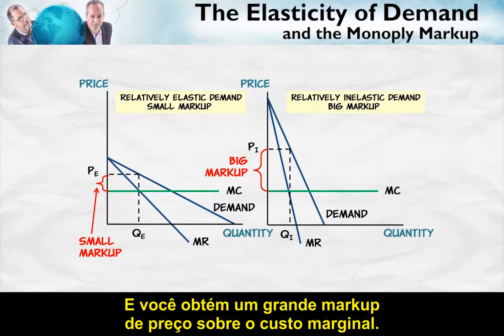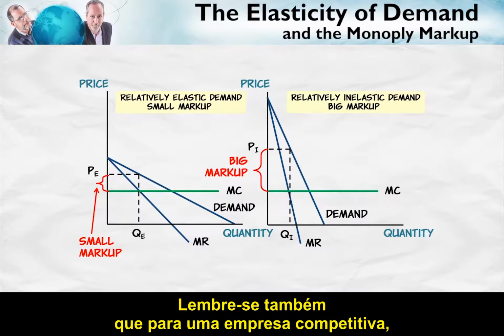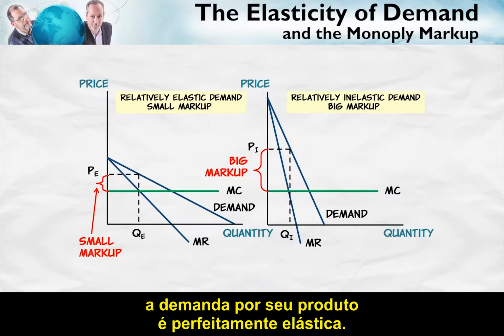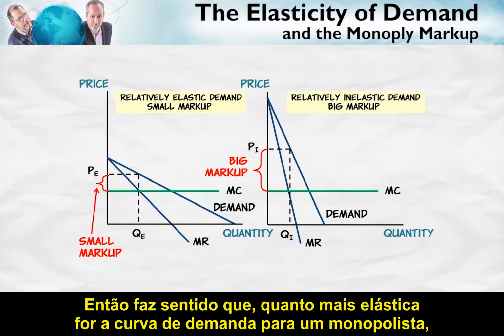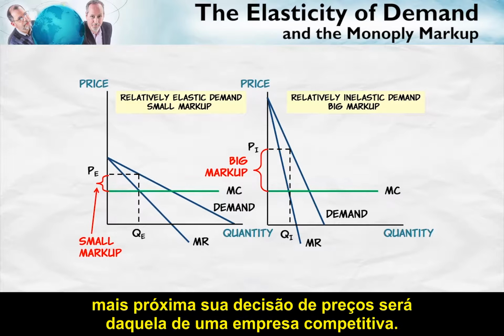marginal cost. Remember also that for a competitive firm, the demand for its product is perfectly elastic, and in that case, price is equal to marginal cost. So it makes sense that the more elastic the demand curve is for a monopolist, the closer the pricing decision of the monopolist is to that of a competitive firm.